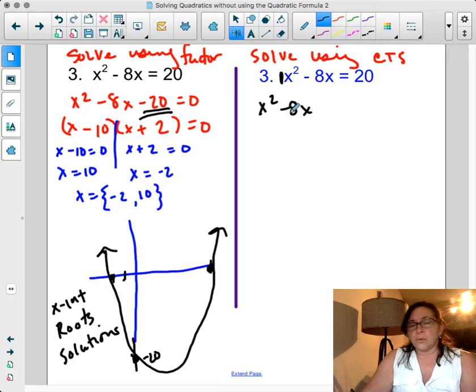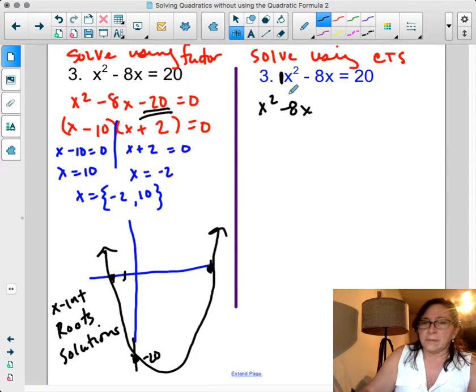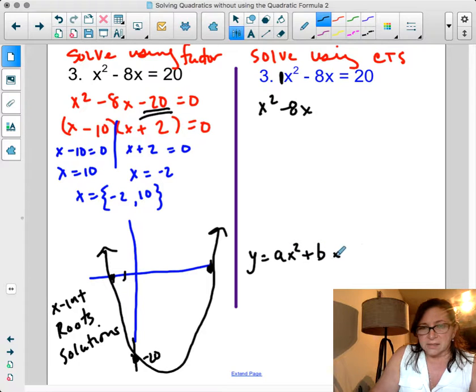In order to complete the square, you're going to take half of the b term. The b term comes from y equals ax squared plus bx plus c, and b is the coefficient right in front of the x. So that's this value right here.